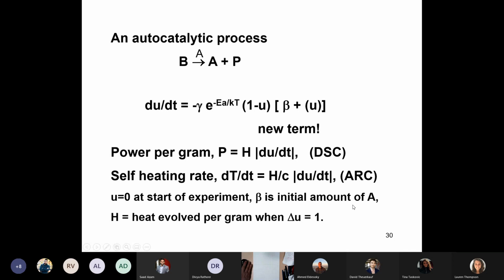And H is the heat evolved per gram when the change in U is equal to 1. Now you can also measure differential scanning calorimeter data. It's a different type of calorimetry where you just heat the sample at a constant rate and measure the heat that it evolves, and that heat will just be H times du dt per unit mass.